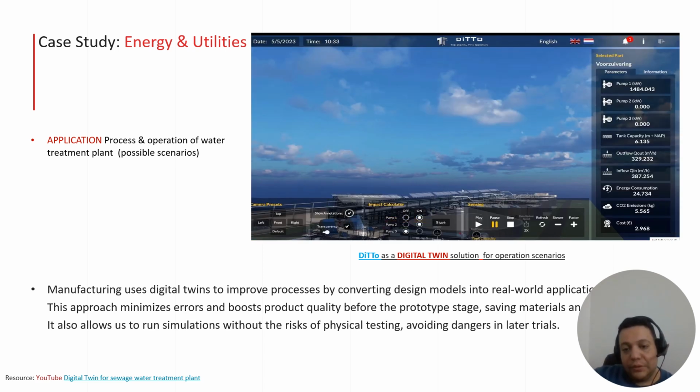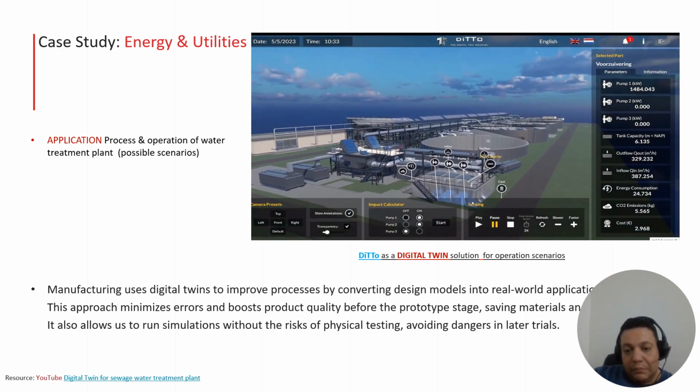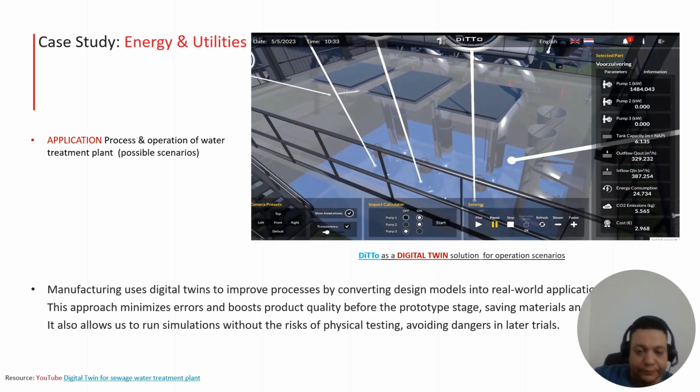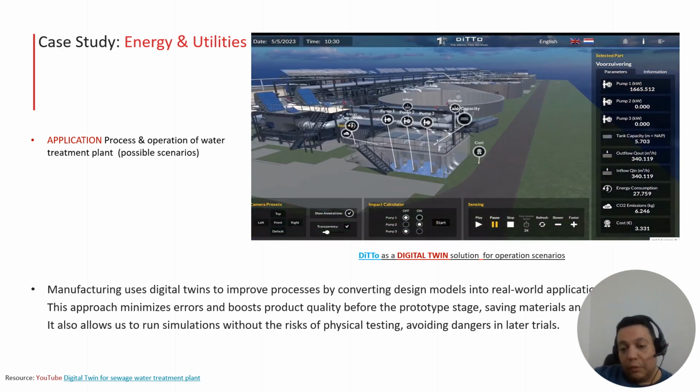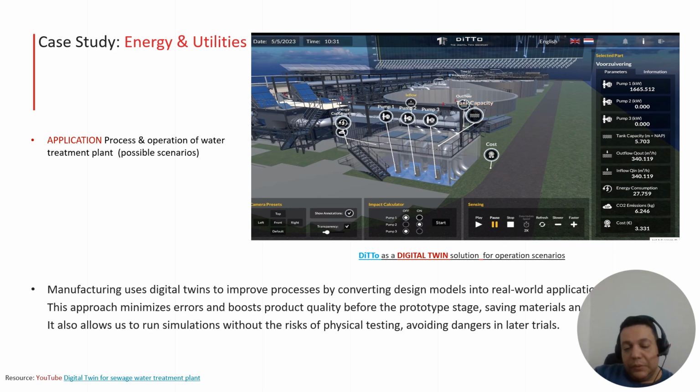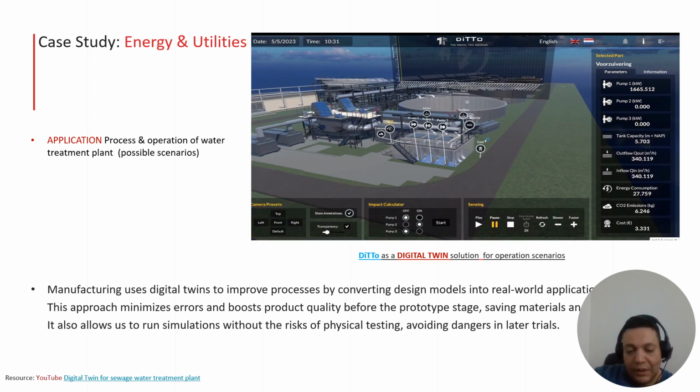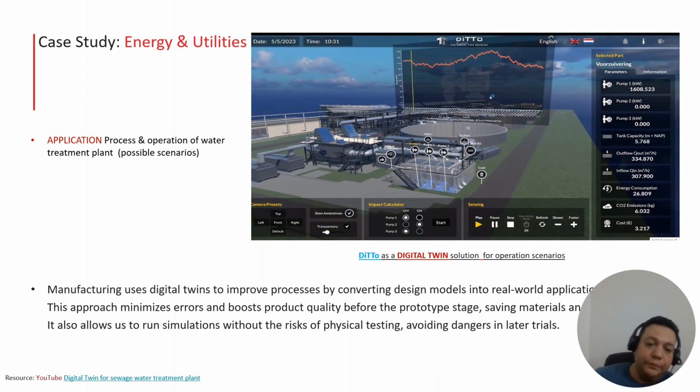And of course, through the digital twin, we can make scenarios and check combinations of these solutions to reach the optimum solution that will not cost that much, will not affect the environment more, and avoids any breakdowns.